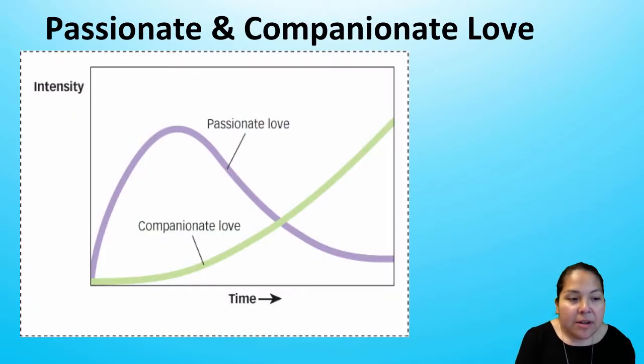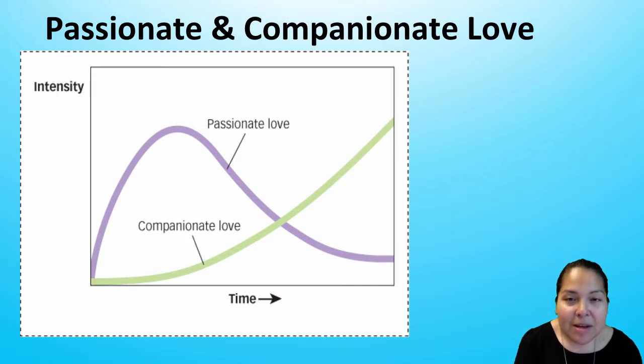In this figure, we see that both kinds of love involve having passionate and companionate love. As passionate love begins to cool within just a few months, over time, companionate love steadily grows over the years. You can think of passionate love almost in the sense of a honeymoon period that couples go through when they are first getting together or after they're first married.